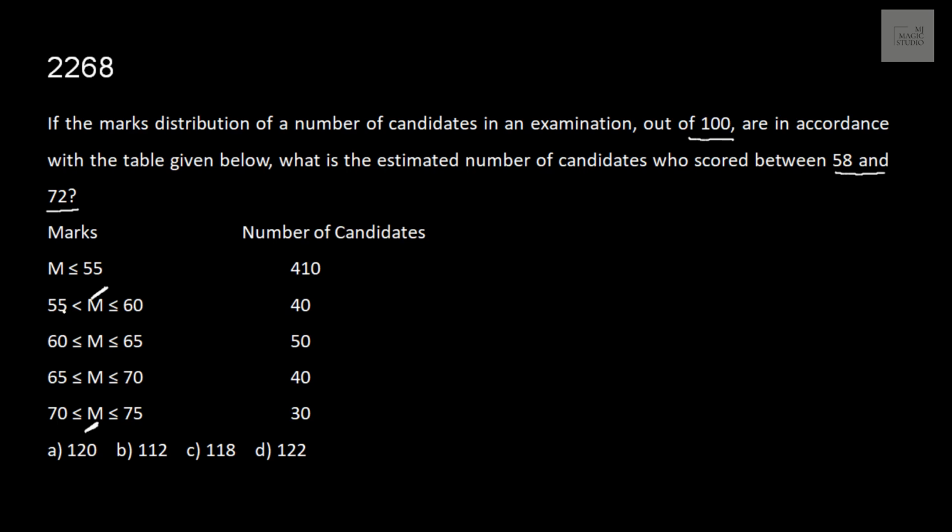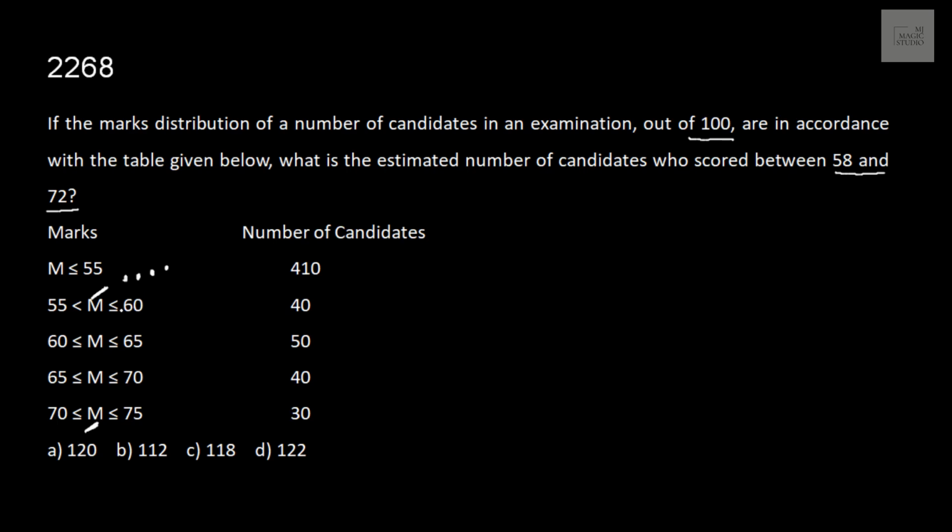From 55 to 60, how many specific whole numbers do we have in this particular class interval? 56, 57, 58, 59. That is 4.